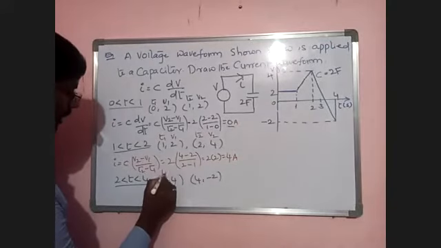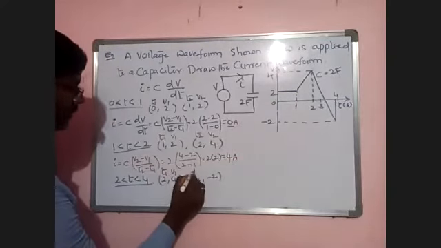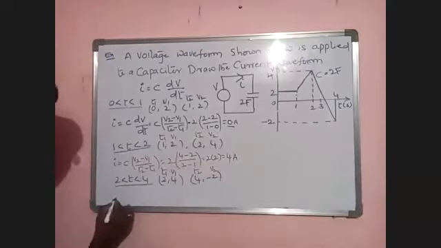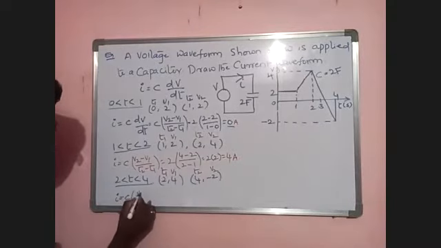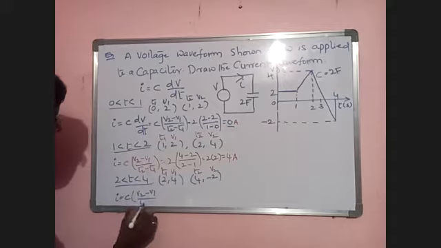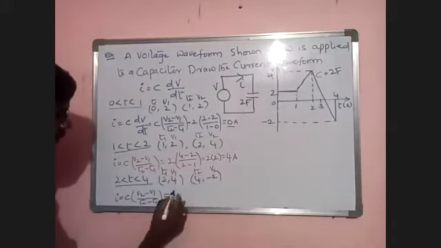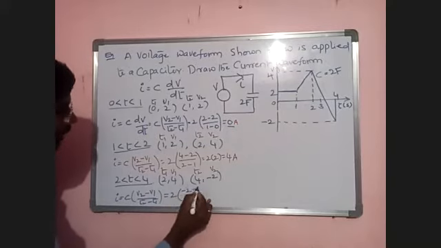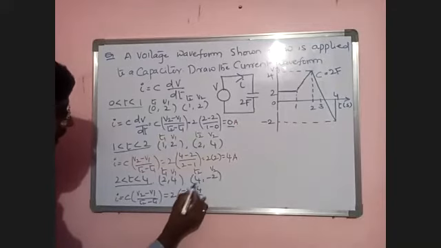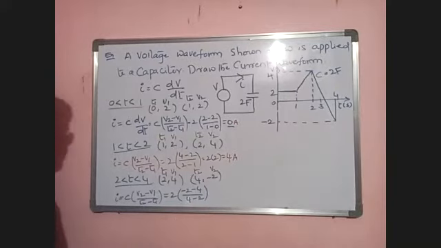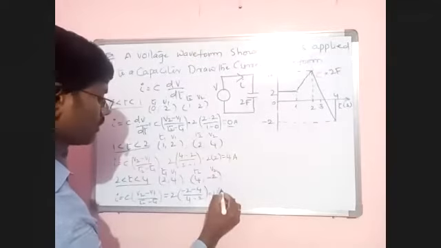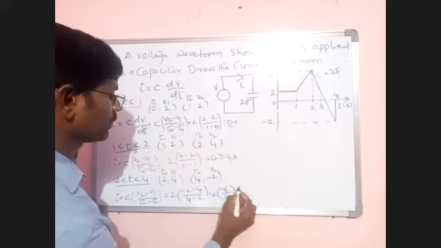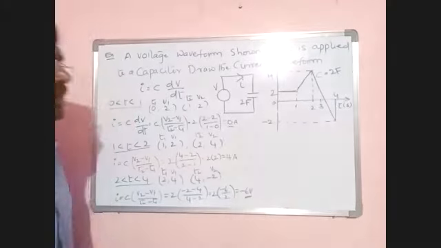You come to T1 V1 T2 V2. Again, I is equal to C into V2 minus V1 by T2 minus T1. So 2 into minus 2 minus 4 by 4 minus 2. So 2 into minus 6 by 2, which gives minus 6.